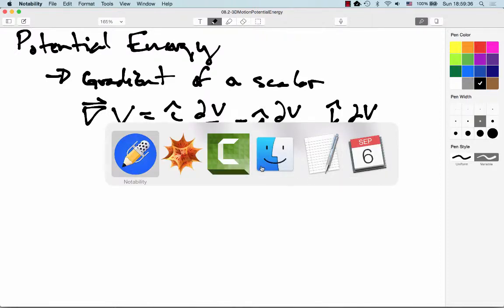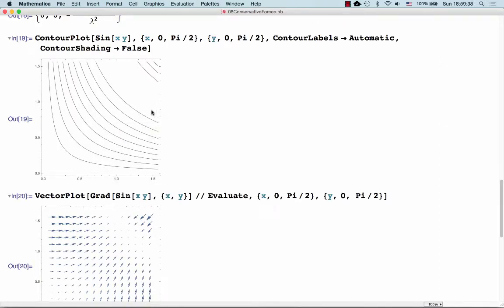I have plotted out here on Mathematica a contour plot of the sine of the product of x and y. And so you can see here as you're looking at the numbers, 0.1, 0.2, 0.3, and so forth. We get to a maximum right there, and then we start dropping back down.